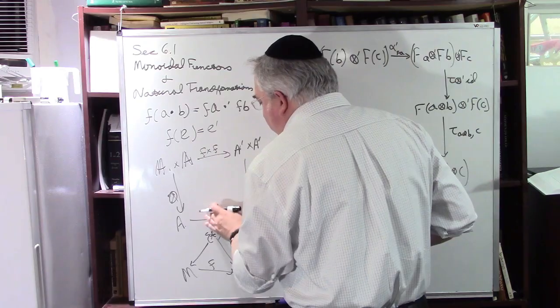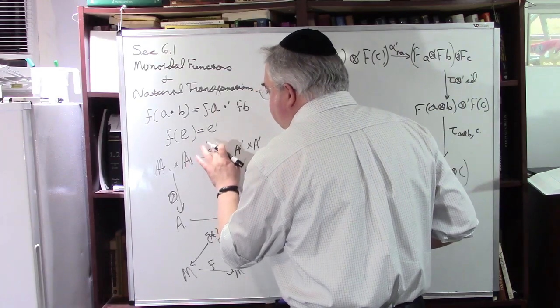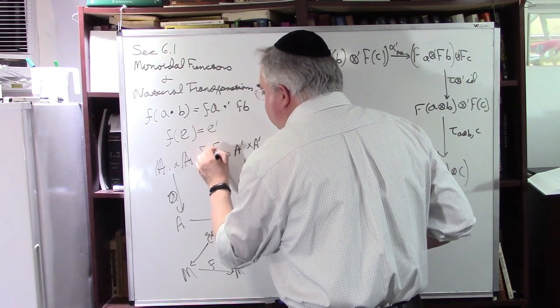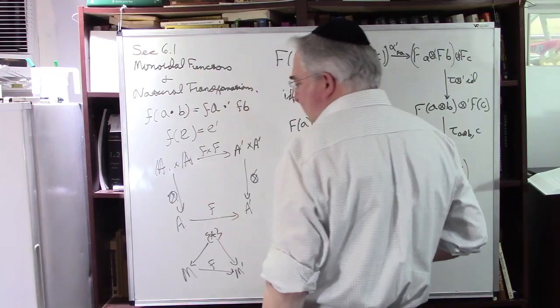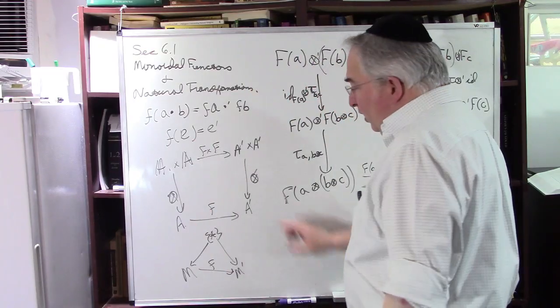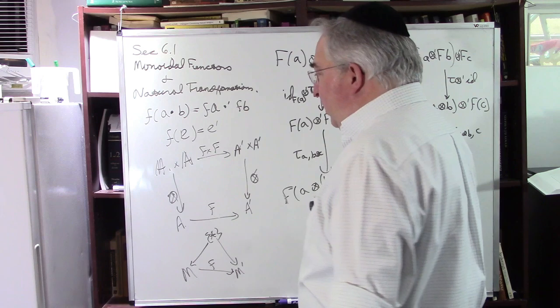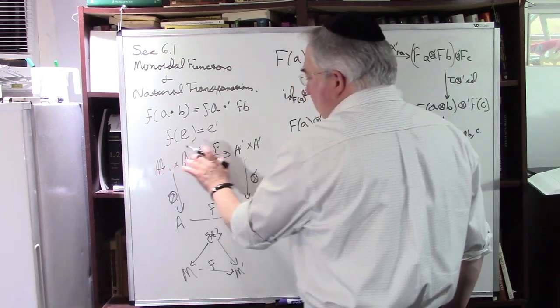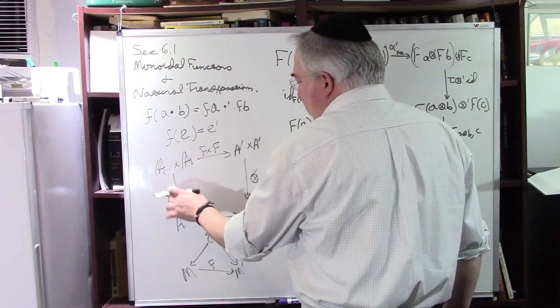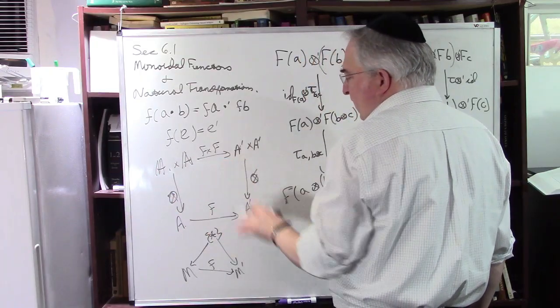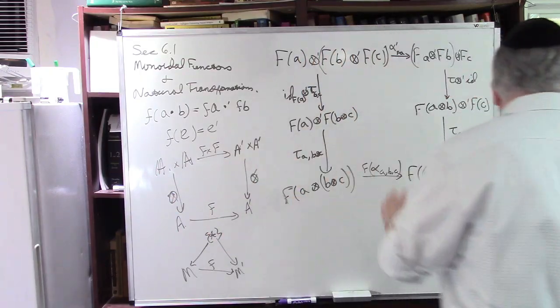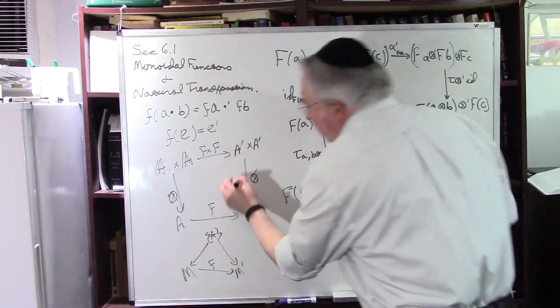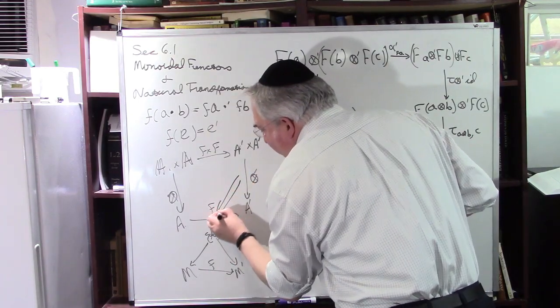Now we're talking not about functions, but about functors. Now, we don't want this to commute. If we wanted this to commute, then we'd have F tensor F, there would be an equal. What we want is a natural transformation from here to here.